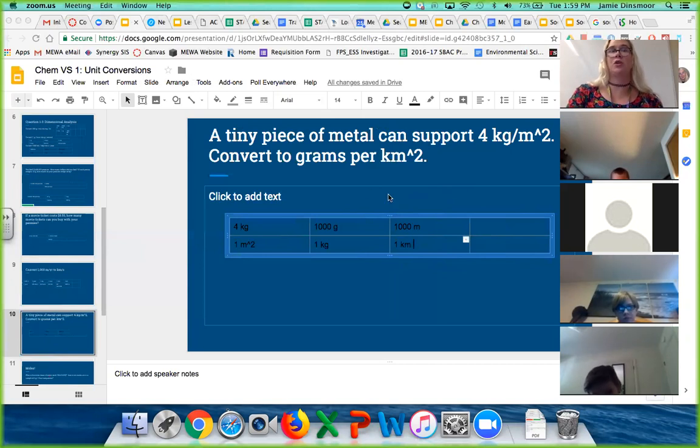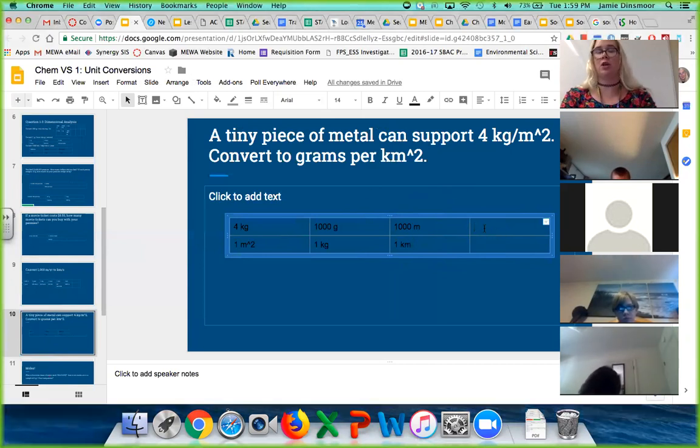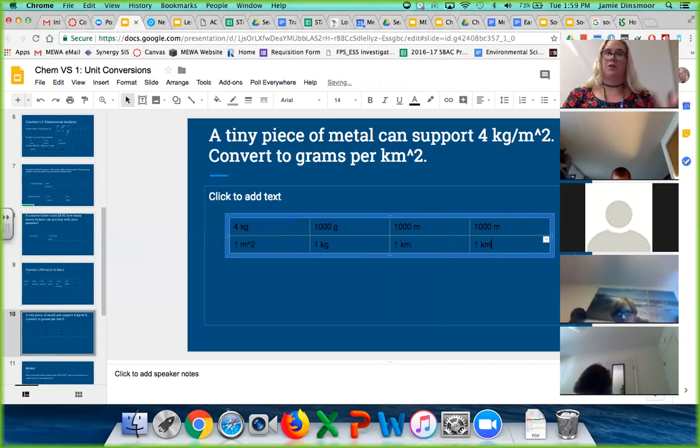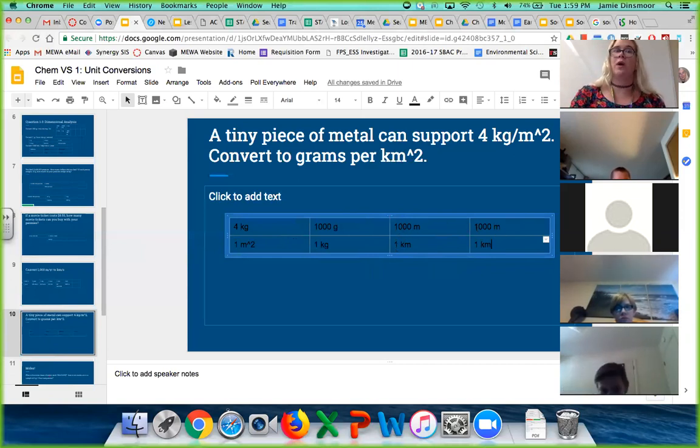So you could actually just put the same exact conversion again, 1,000 meters per 1 kilometer. Because now we're basically separating out a squared number, right? And that would give us kilometers squared, because kilometer times kilometer will be kilometer squared. It will give us meters squared on the top, which will cancel out with our meters squared on the bottom.